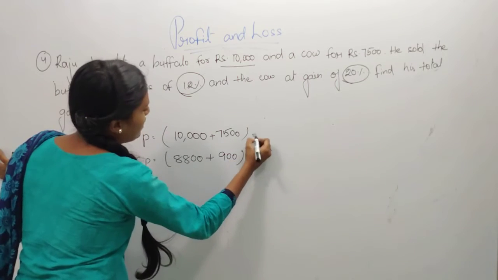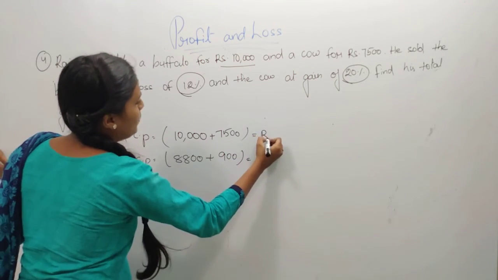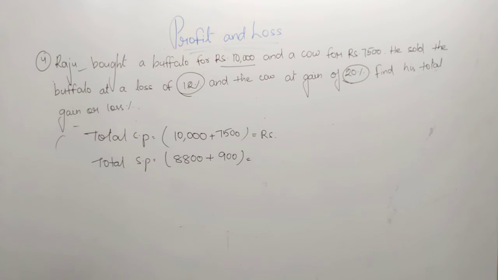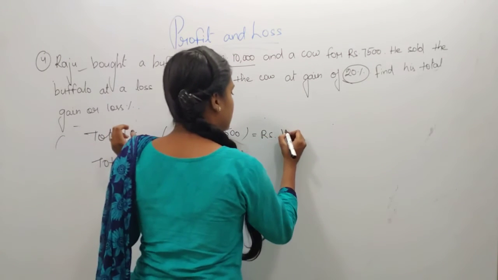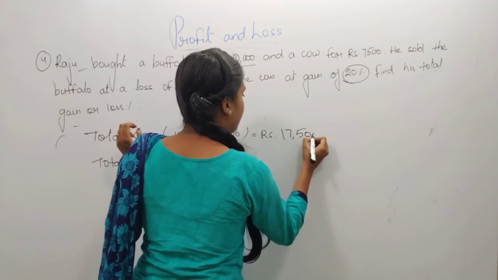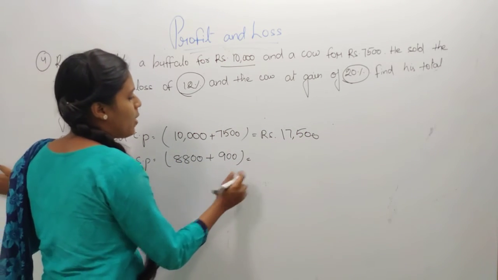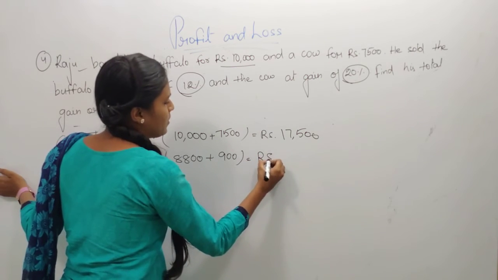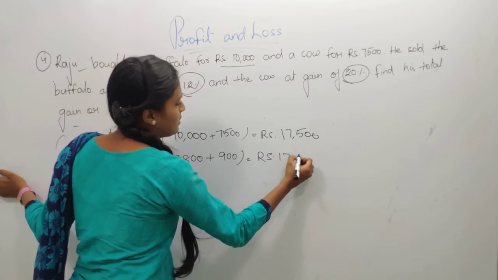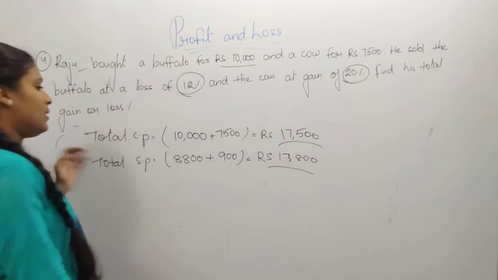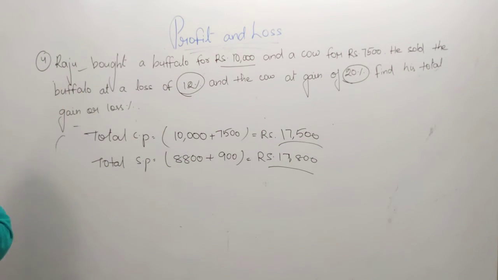By doing the addition, what answer will we get? Rupees 10,000 plus 7,500, what will we get? 17,500. By adding 8,800 plus 9,000, how much answer will we get? Rupees 17,800. Total CP and total SP we found out.